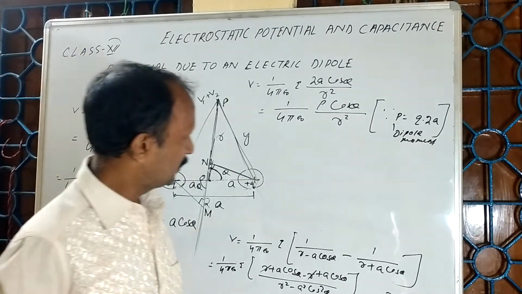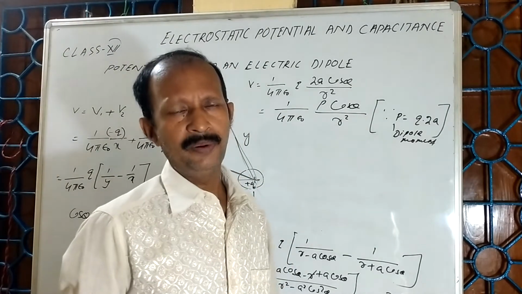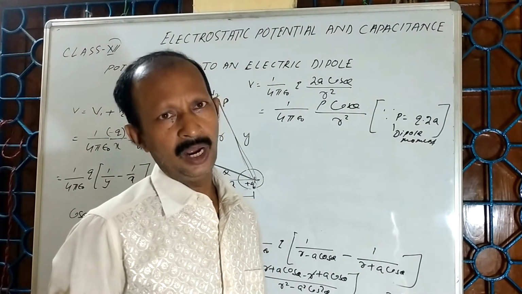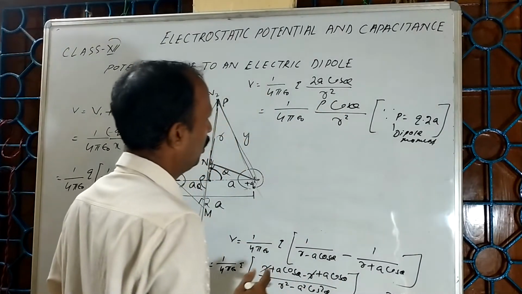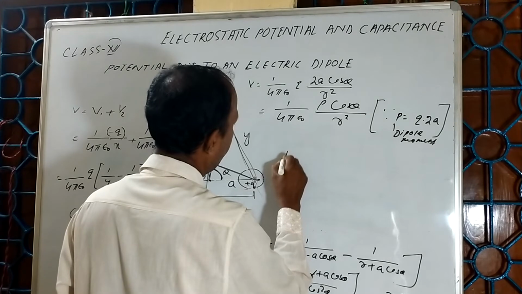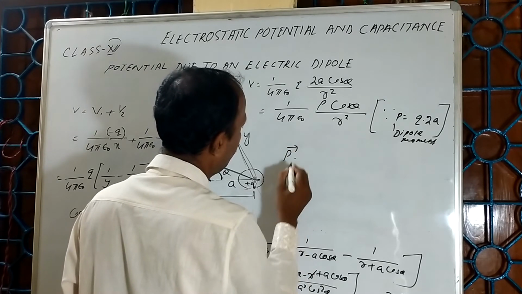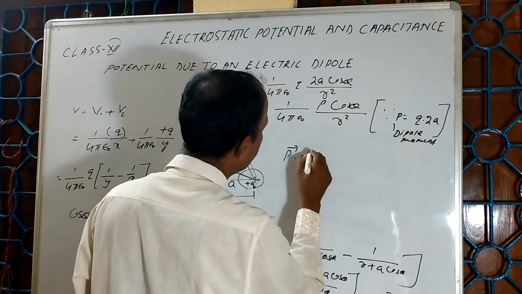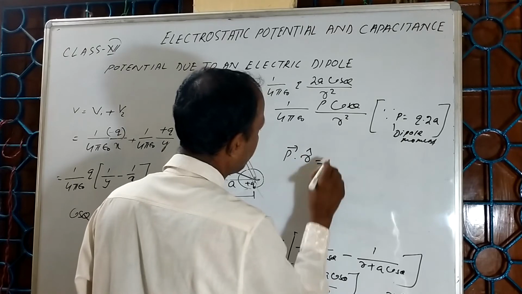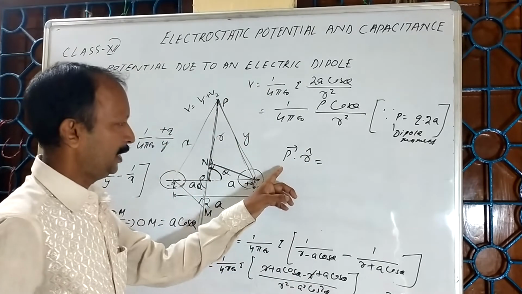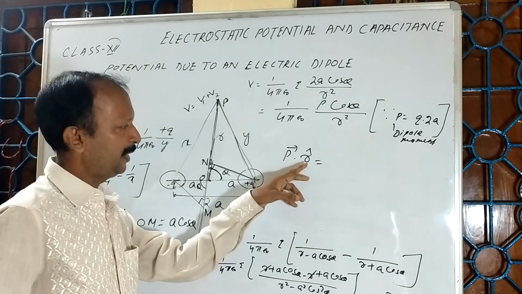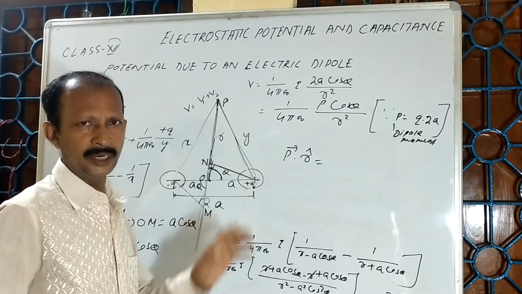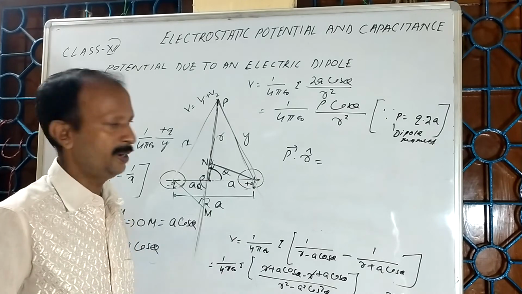I can express this in vector form also. How? You see that in place of P cos theta, suppose I am writing vector P dot unit vector r. Listen carefully. I have written the vector P and the unit vector r, means I have taken the direction of the position vector.